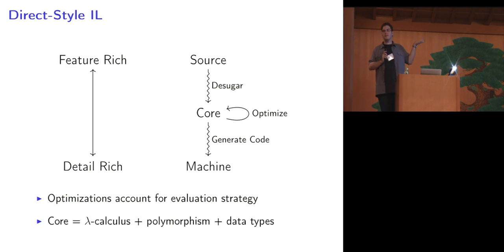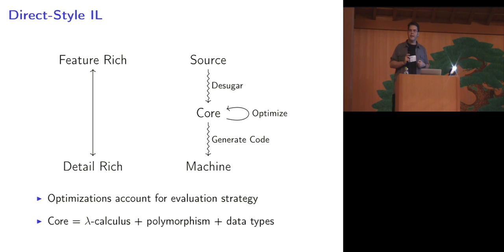So one example of this is using the lambda calculus in direct style as an intermediate language. So what we do is, for instance, if we look at Haskell, there's tons of features, but really you can desugar down into a very small core of the real essential features that you need to represent the computations that take place in the program.